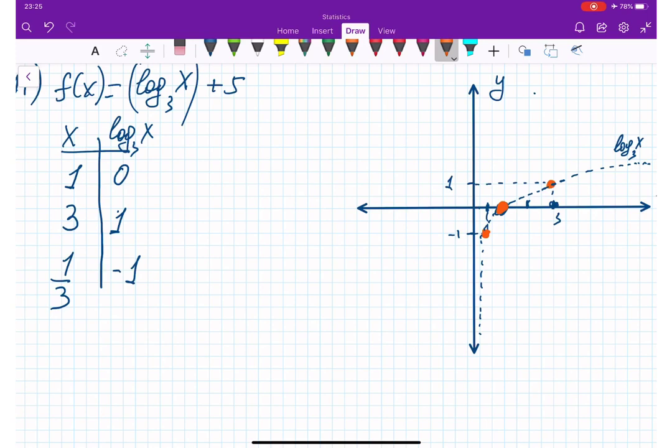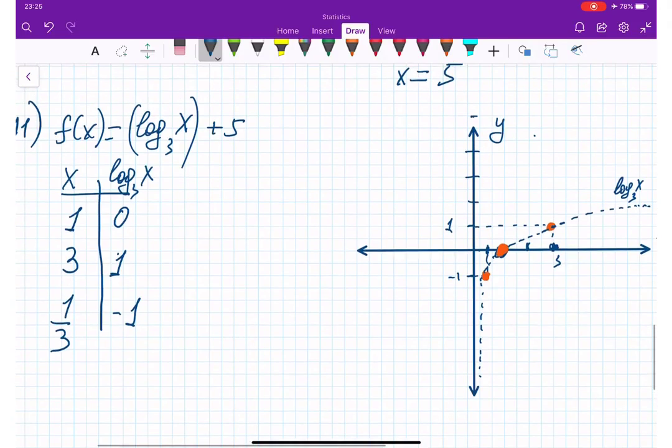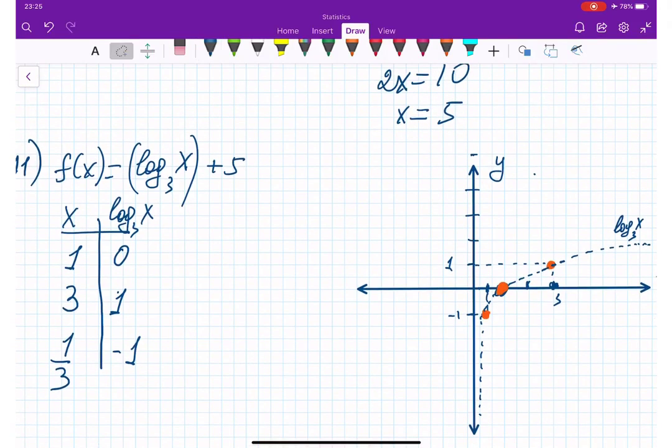So let me see, 1, 2, 3, 4, 5. So if this is 5, since this was 1 and 0, now we are going to have 1 and 5, yes?